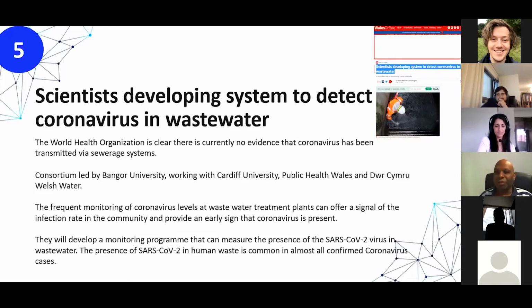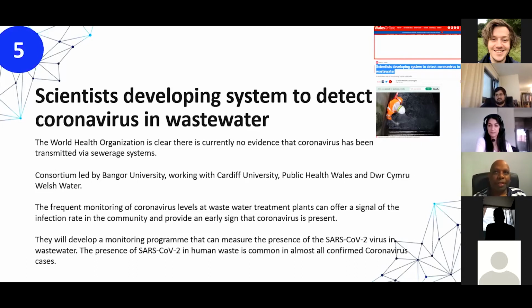I thought this is an interesting system to test. Anyway, this is being tested, piloted at the moment, and if things go fine, the project will be funded long term. You can find these details in the article from Wales Online, and it is absolutely fascinating.